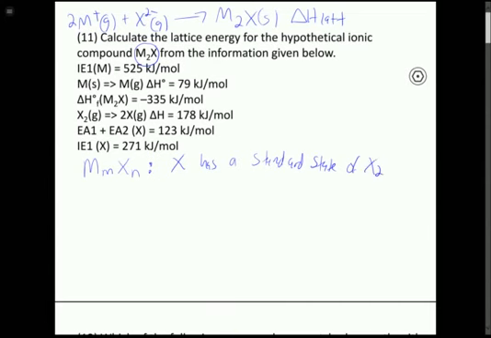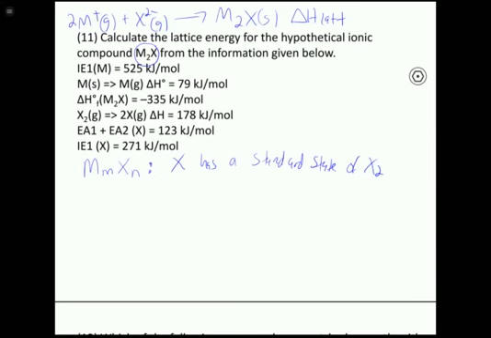If X is a nonmetal like oxygen or any of the halogens, it would exist as X2, a diatomic, and this equation will work. There are some examples with sulfur that are a little bit different, and I'll point those out in a second, but for most things, if X is a nonmetal, it's going to exist as X2 in its standard state.